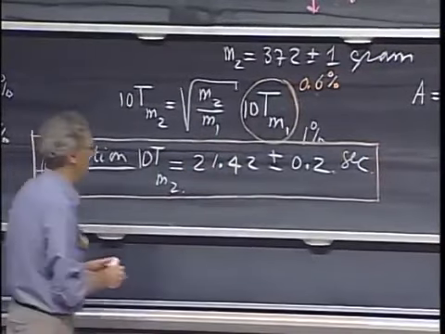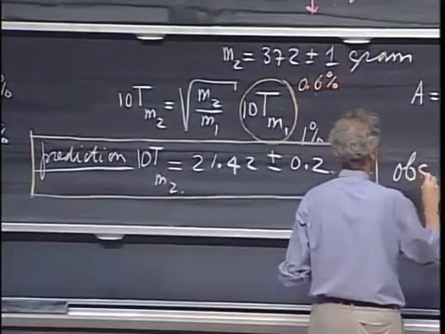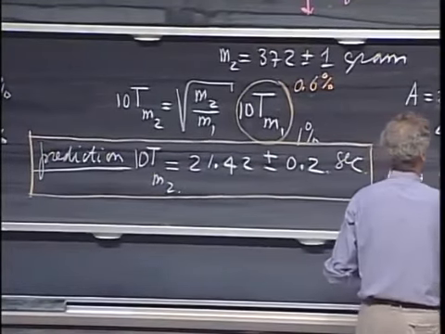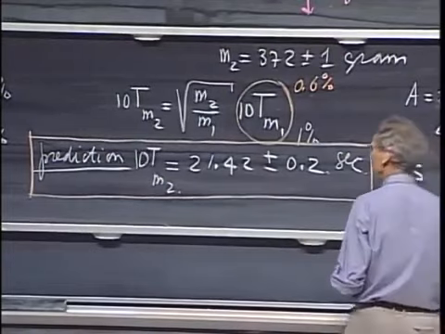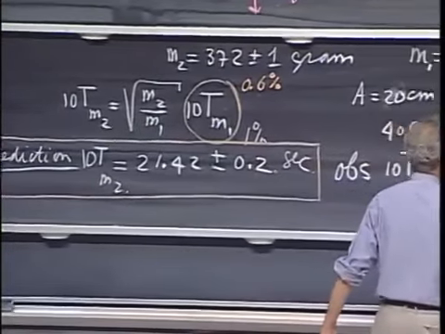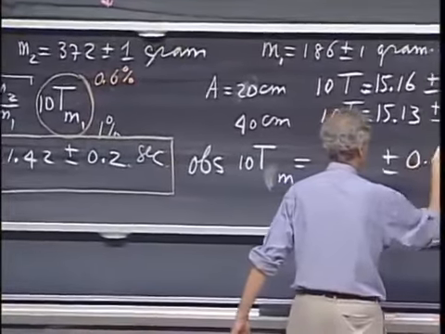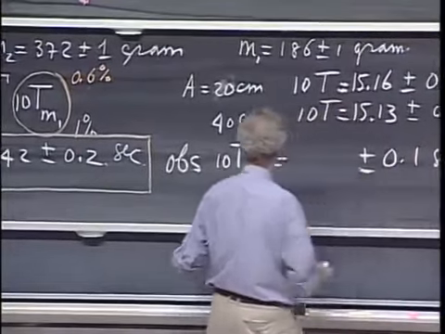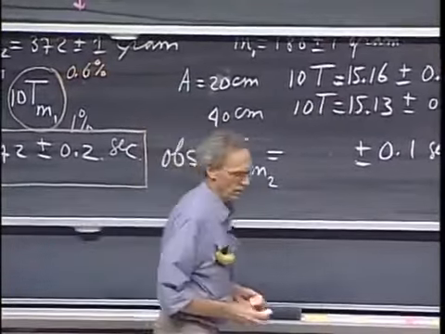And now we're going to get the observation of 10T times M2, which is double the mass. And that, of course, always has my uncertainty of my reaction time. There's nothing I can do about that. And we will compare these two numbers.